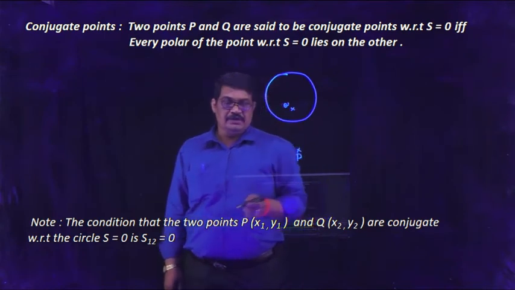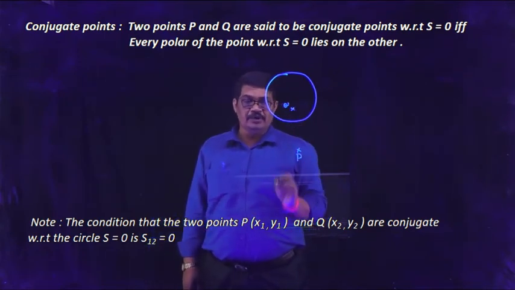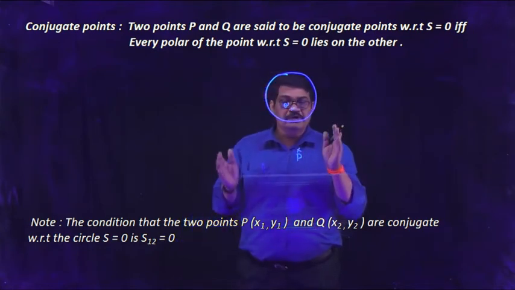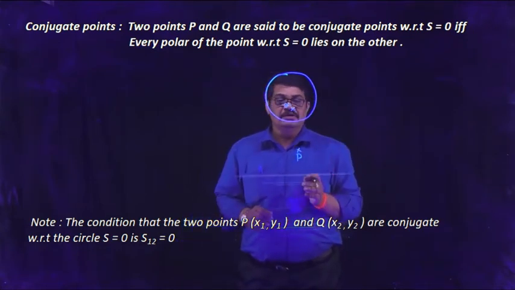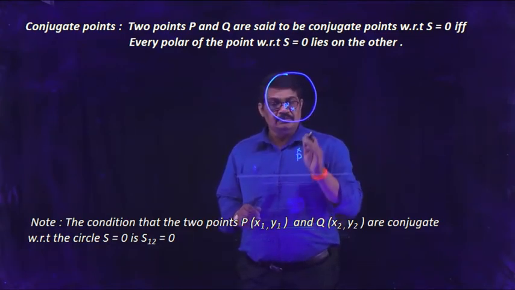Now what is being said here? Two points P and Q are said to be conjugate points with respect to the circle if every polar of the point with respect to the circle lies on the other.